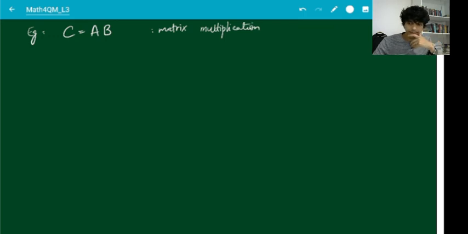I can ask the question, what do the elements of C look like? So if I look at the ijth element of C, this by definition is ⟨i|C|j⟩, but C is AB. So ⟨i|AB|j⟩.